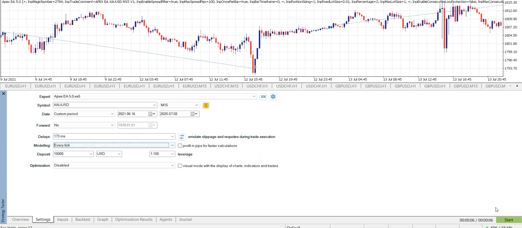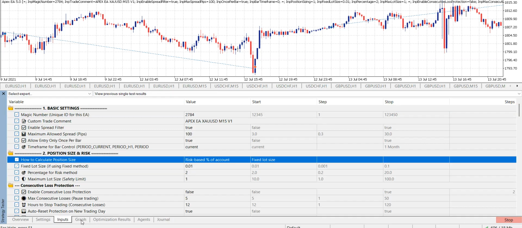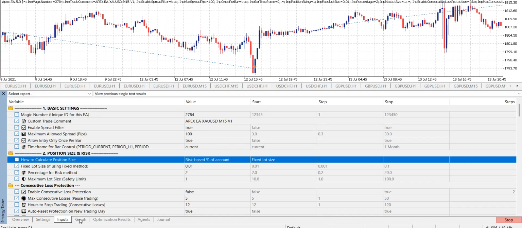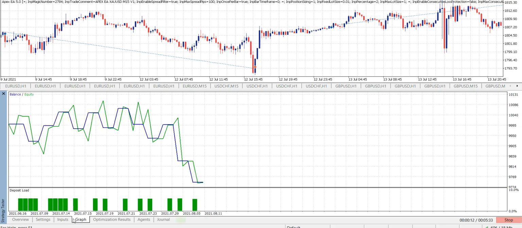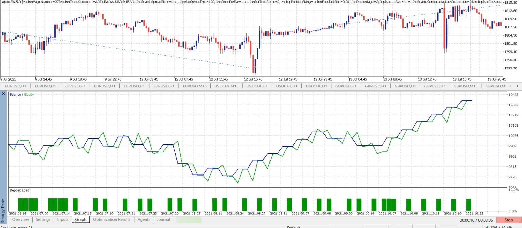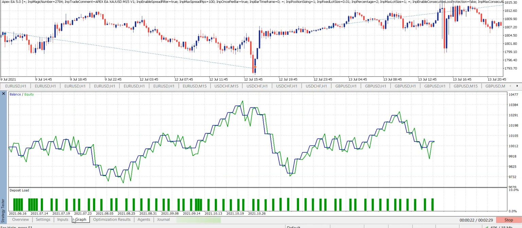I want to show you that it is very similar. And I am doing the 1 minute OHLC testing not to show different results, but to actually be quicker, because this is the reason after all why I was developing this EA this way.